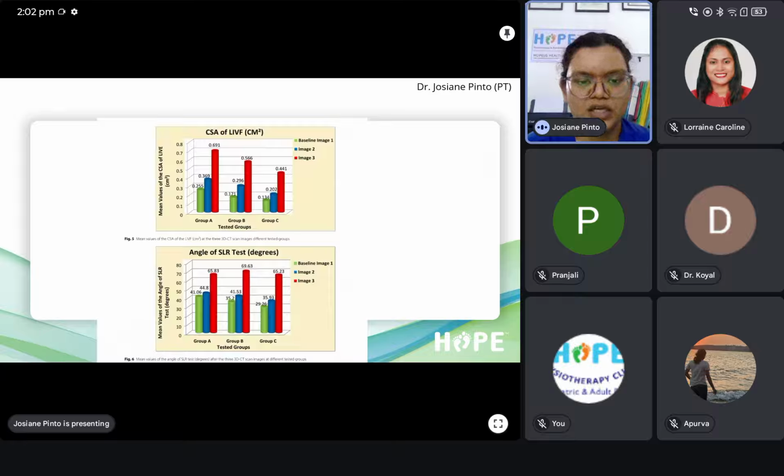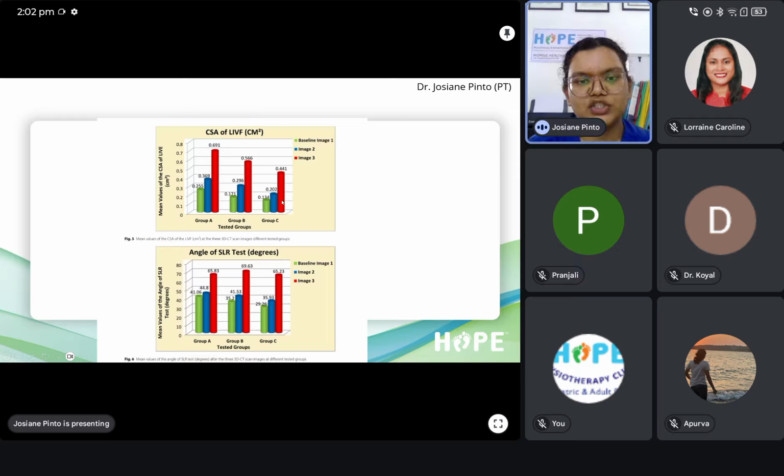Now this shows you a graph, puts it in a more visual perspective, the cross-section area of the lumbar intervertebral foramen. So you can see how high it goes, the red cylinder, which shows you post 48 hours, the image 3, the same here and the same here as well. And the green ones would be when the image 1 were taken, that is in supine.